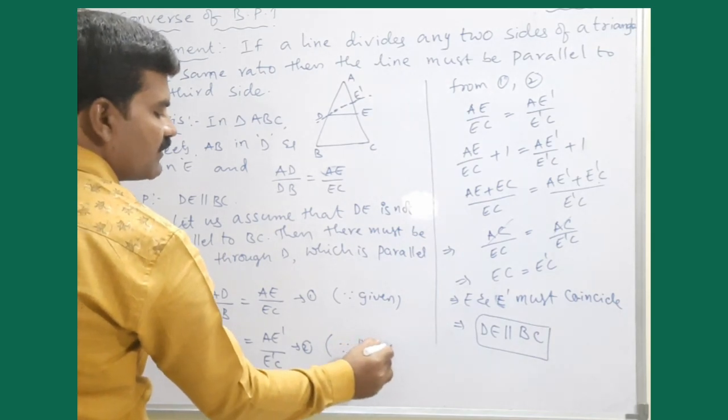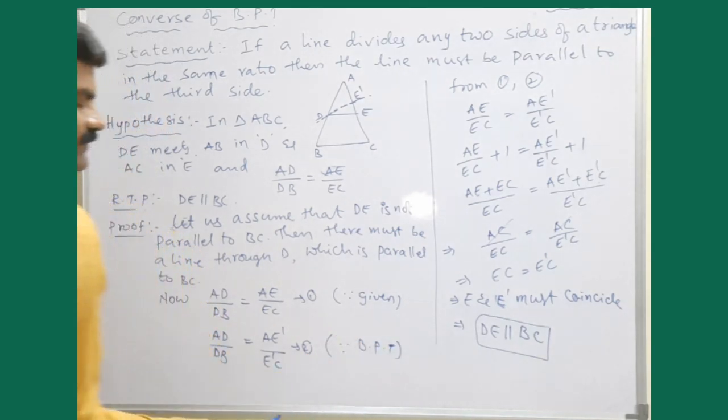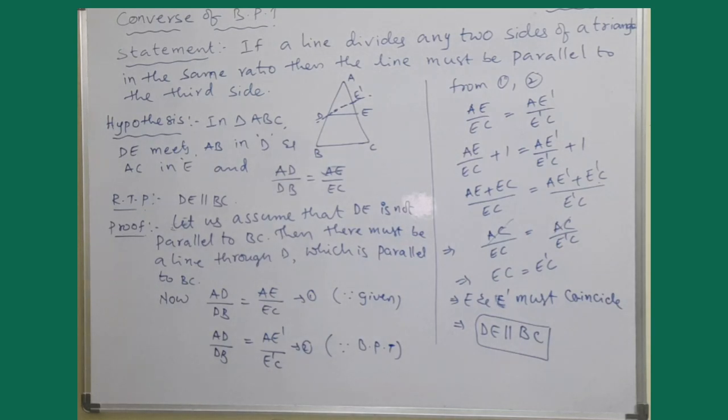According to the statement of BPT, when a line is parallel to the third side, it divides the other two sides in the same ratio. So these two are very, very important: one is BPT and the other one is the converse of BPT.